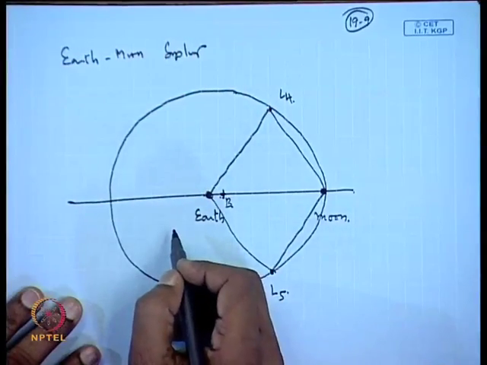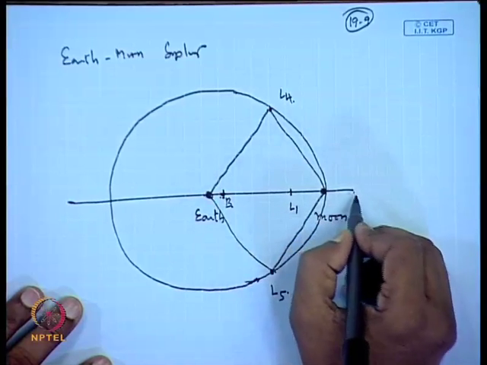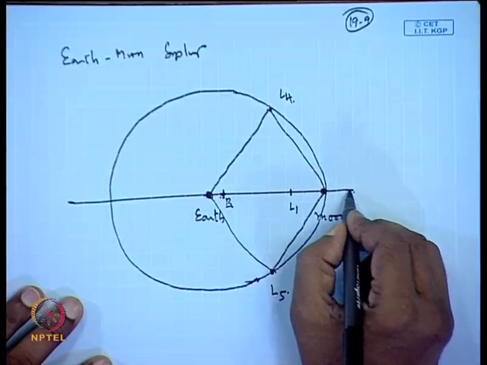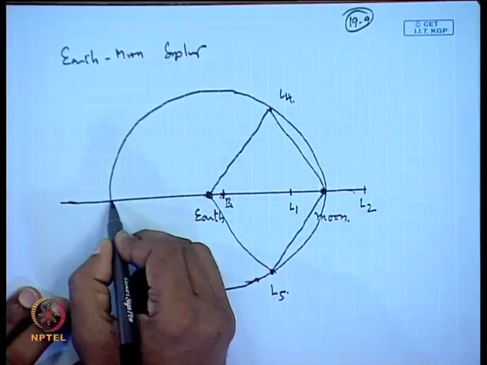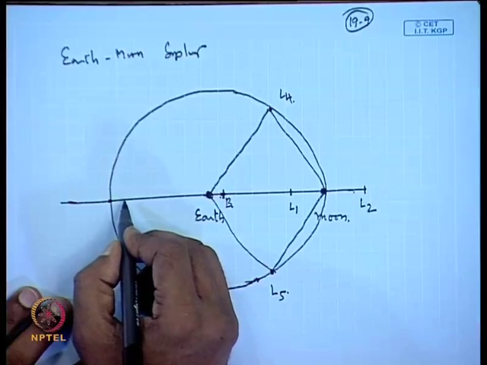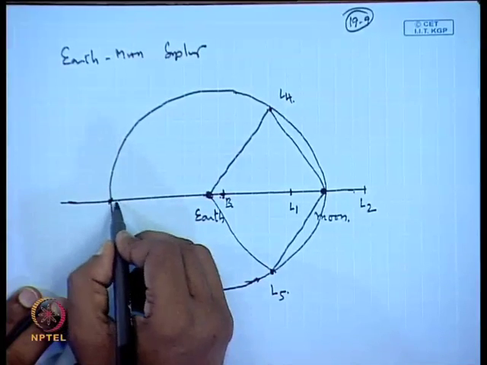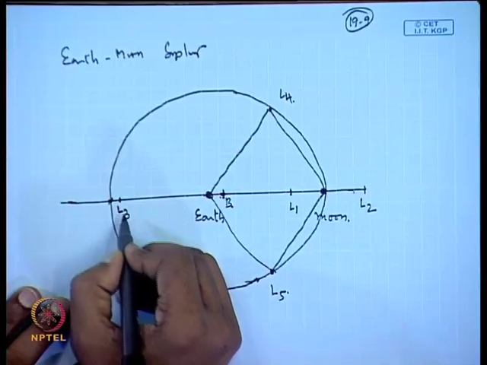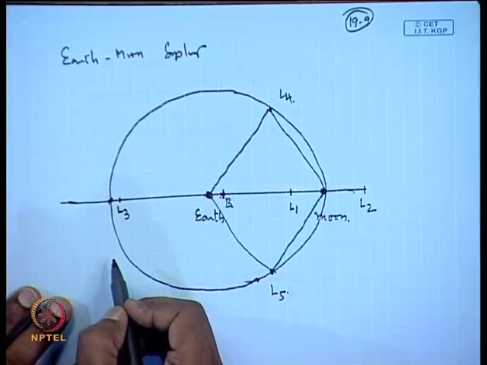Okay. Now, what about the point L1? Suppose this lies here, and we have the L2 point that we have written which lies here on the right hand side, and the L3 point lies a little short of this point. Okay. Say this lies here in this place; this is too much magnified on this scale to keep the clarity.